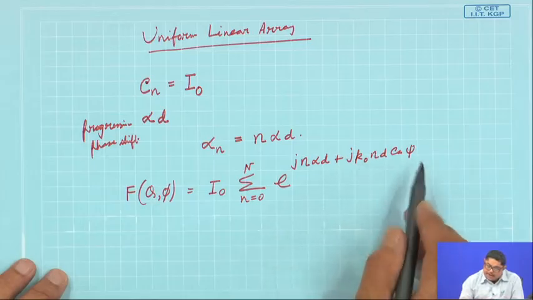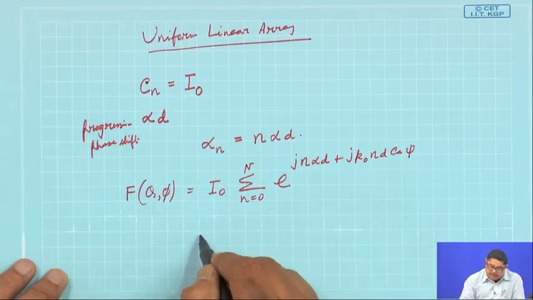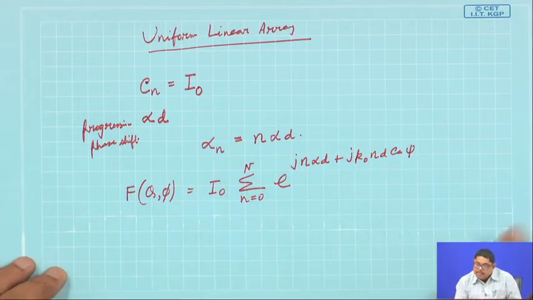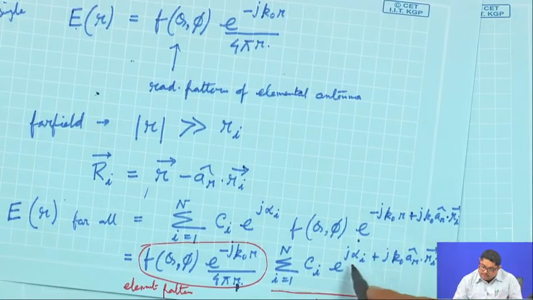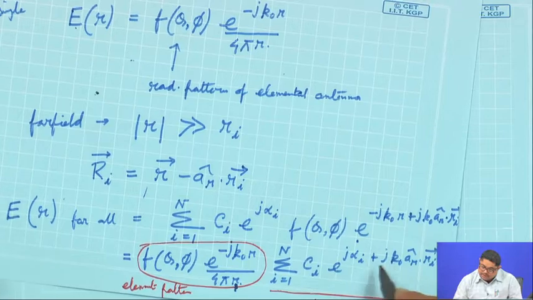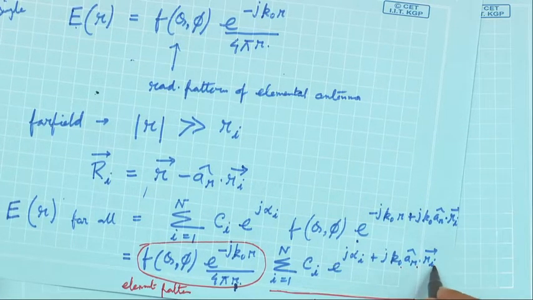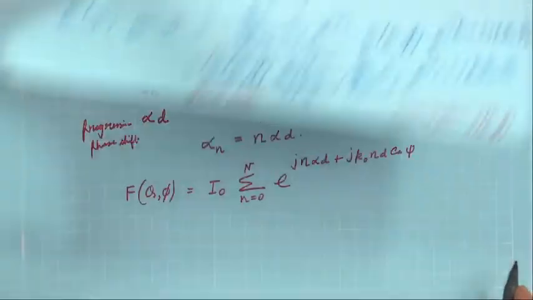Why am I writing this? Because you see my previous expression was this: k naught a_R dot r_i. So, what is the value of a_R dot r_i?